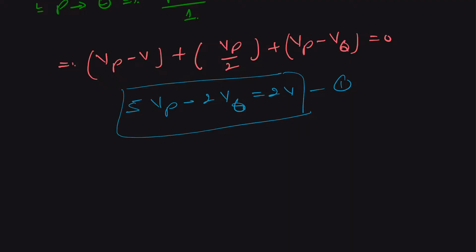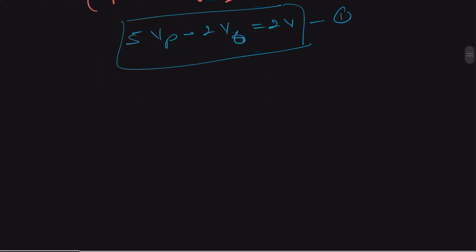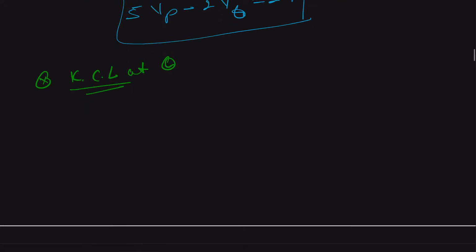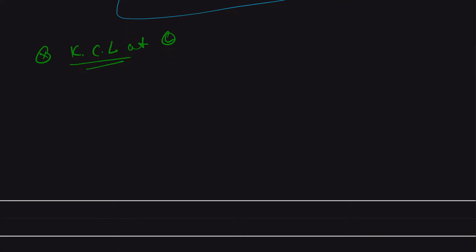And then we come to our KCL at node Q. And we start with from Q to A, and we can write this as Vq minus V upon 2.